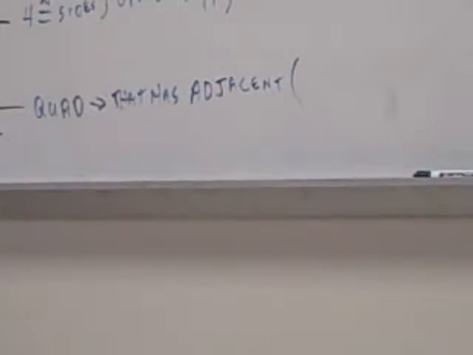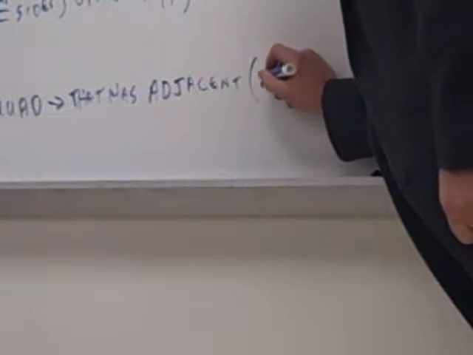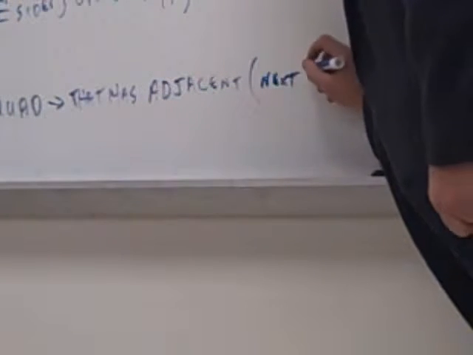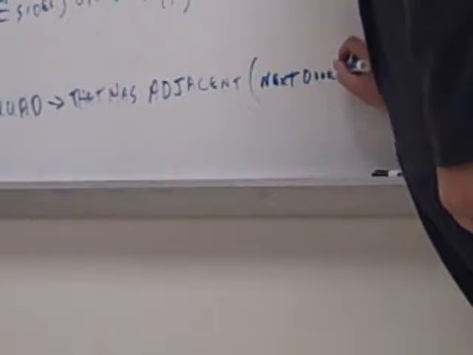Now, Abby, if I live adjacent to you, what does that mean? Next to me. If we live adjacent to each other, we are next door. So I always put the definition of adjacent is next door. Right next to each other.